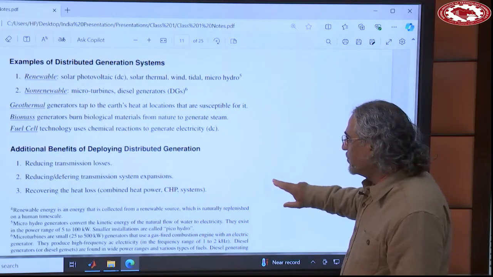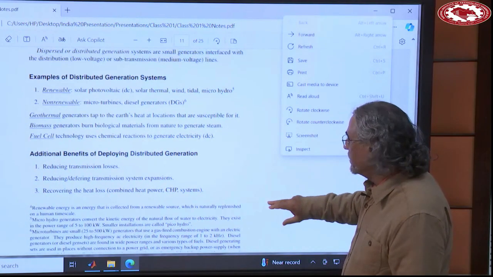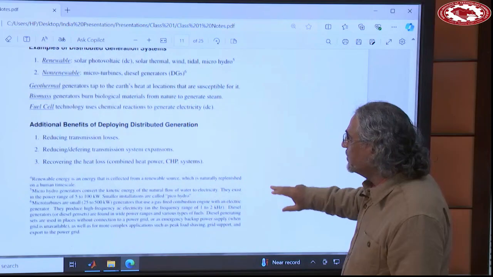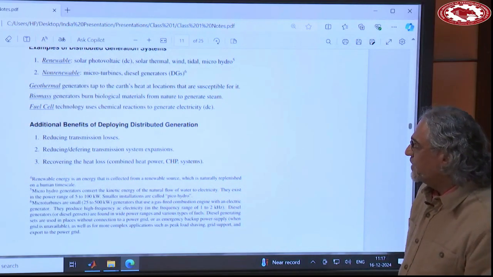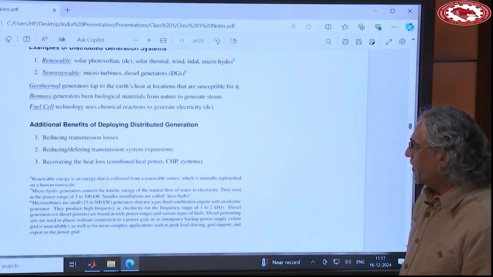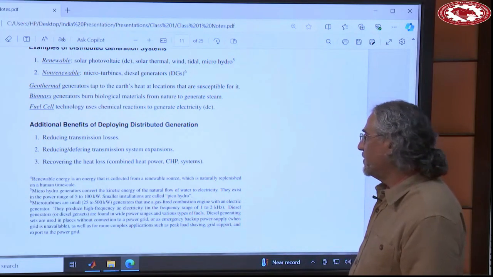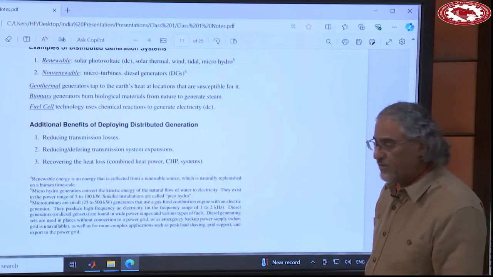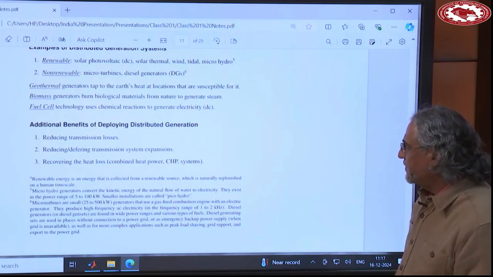Geothermals, we also consider as renewable; they are available in some locations, where we can tap the heat inside the surface of the earth. Biomass generators burn biological materials from nature. Again, we can consider that as renewable.